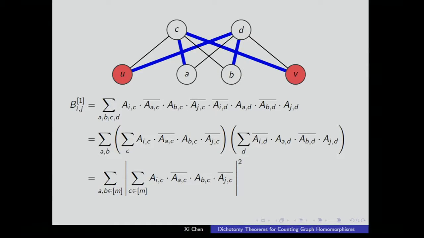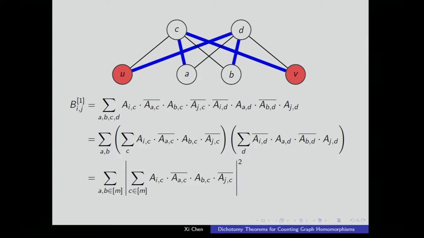They receive values I and J respectively. And then you allow the rest of vertices to take all possible values, and you take the sum of weights over all such assignments. That would give you the ijth entry of B bracket P. And the B bracket P we get in this way would satisfy the equation and has the polynomial time reduction to A.